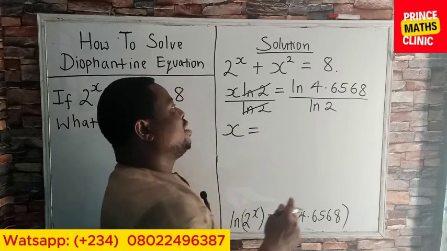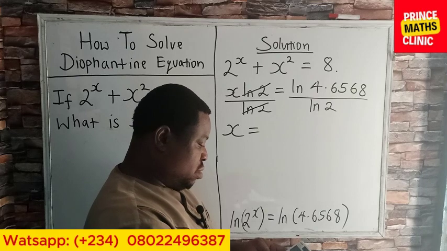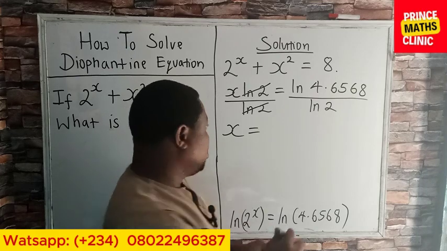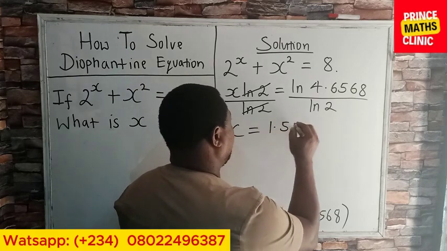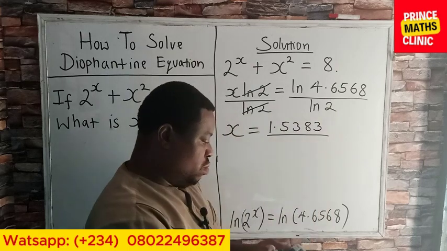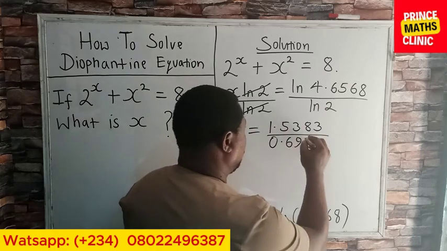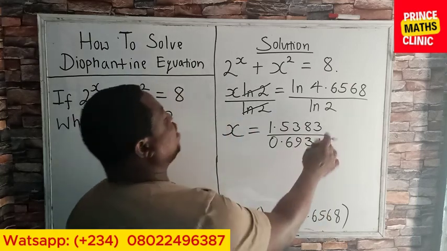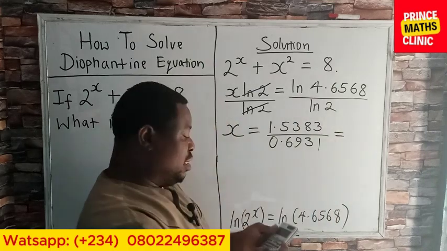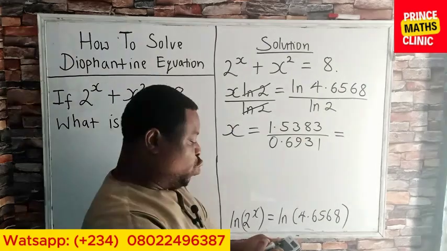So my x, what is ln 4.6568? That's 1.5383. Then what is ln 2? 0.6931. And if I divide this by this, what will I get? I'm going to obtain 2.2194.